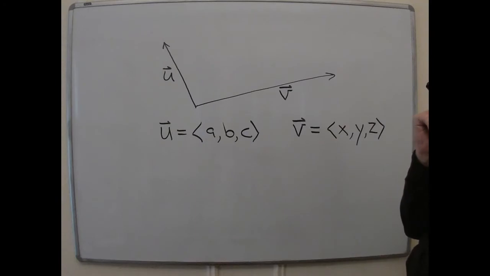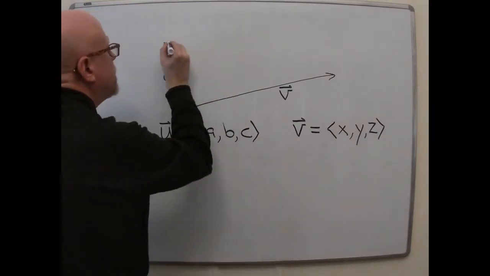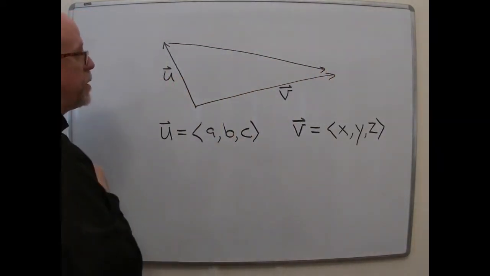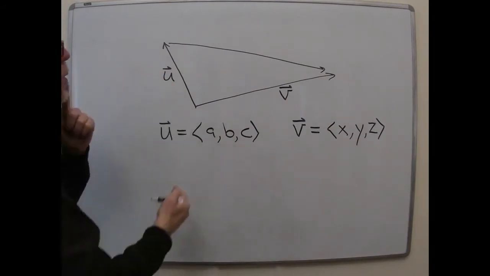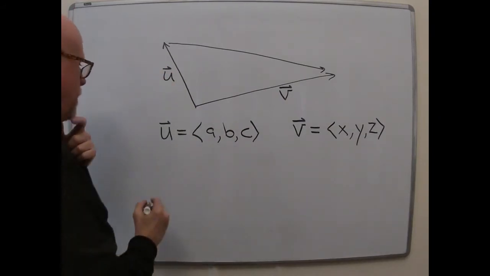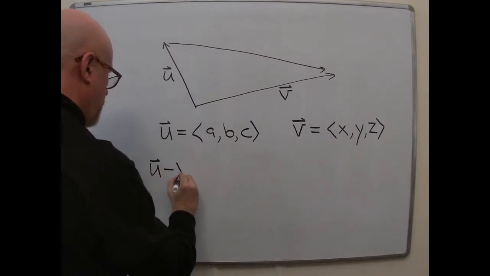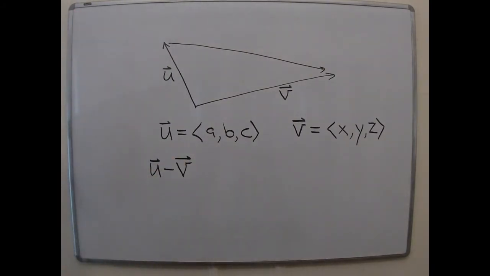Right, so that's 2 sides of a triangle. What's the third side? It's a vector that goes from the tip of U to the tip of V. Now, I could go the other way too. So, in fact, let me think about which one is this. If I do U minus V, which direction does that go?